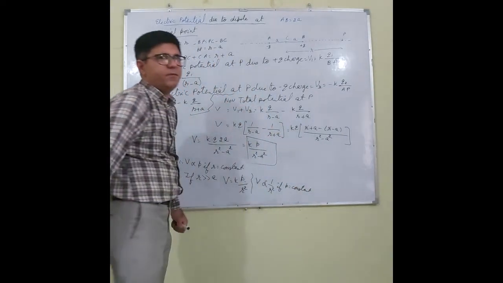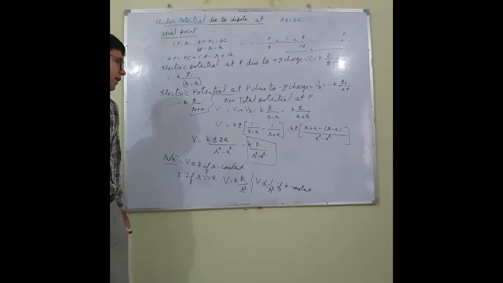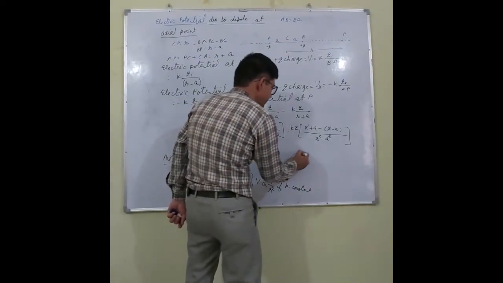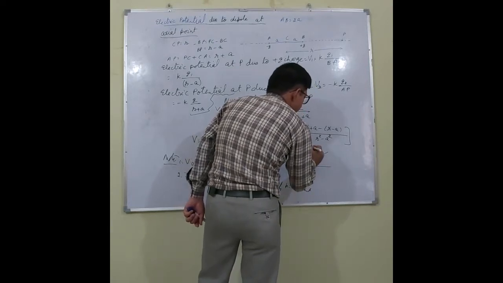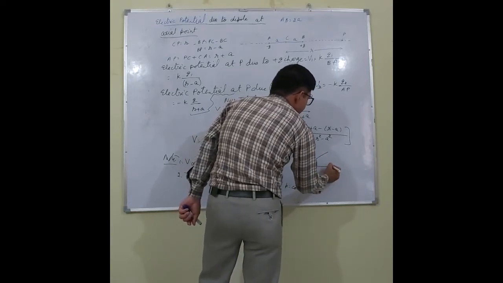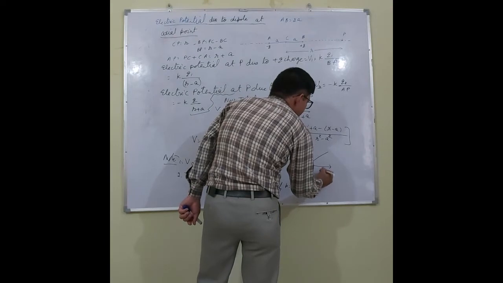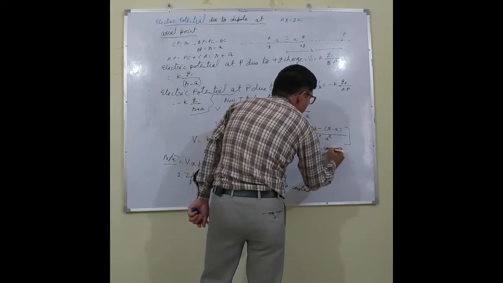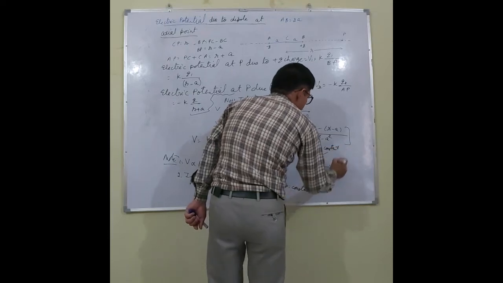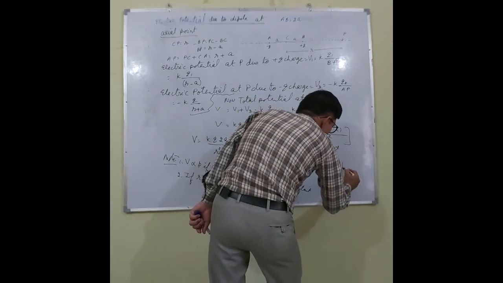Can you draw the graph? I think you can draw the graph very easily. This graph will be this. Here V and here p, and what is constant? r is constant. What about this graph?